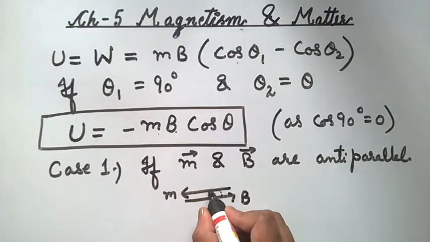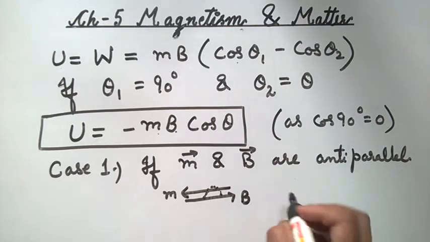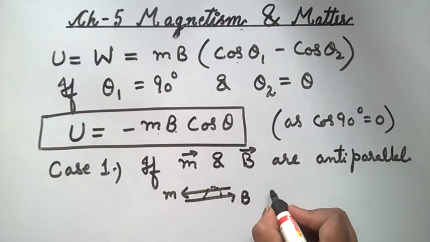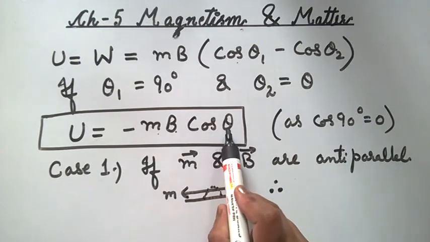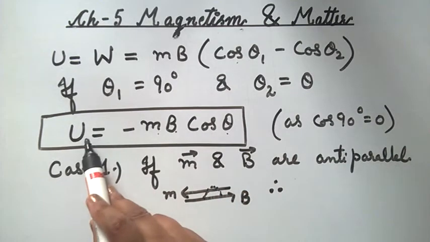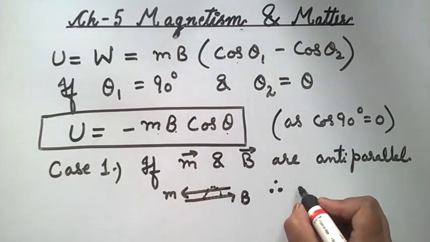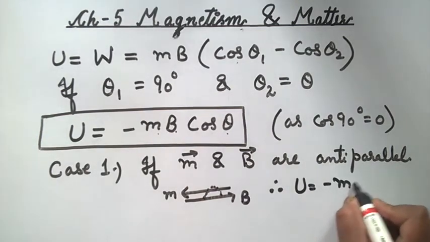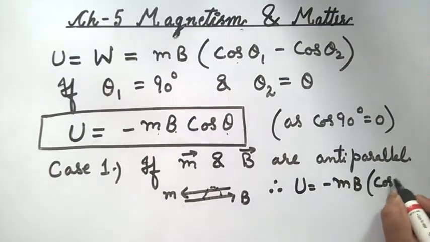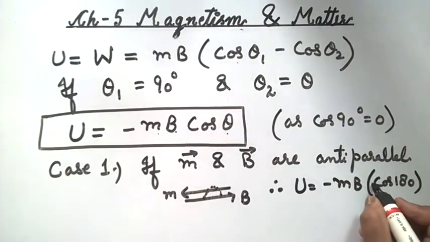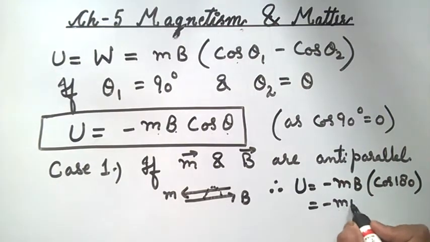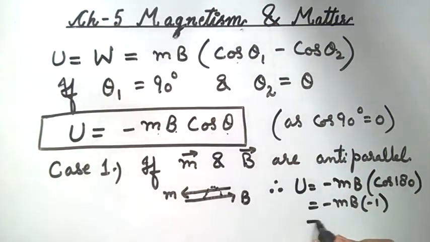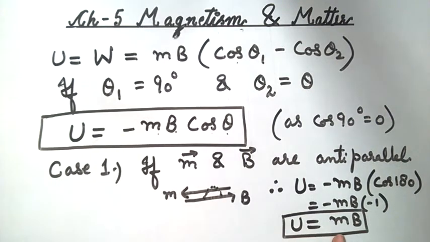The angle is 180 degree. Therefore cos 180 is minus 1, therefore U is equal to mB. And this is the maximum potential energy and the condition of unstable equilibrium.